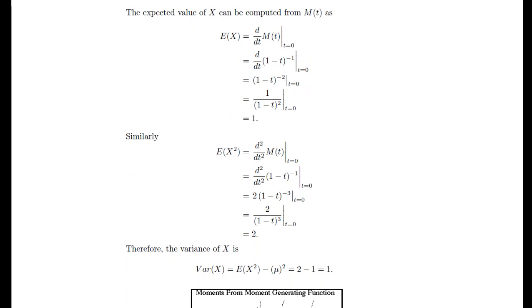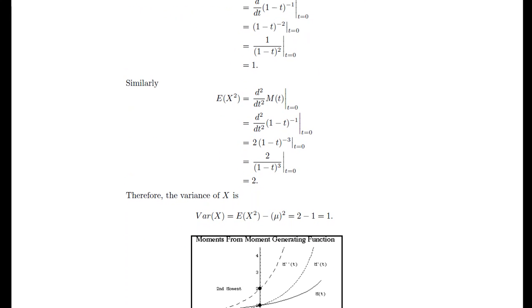The expected value of x, or mu, is equal to the first derivative of the moment generating function when t is equal to 0, which is equal to 1, and the expected value of x squared is equal to the second derivative of the moment generating function when t is equal to 0, which is equal to 2.